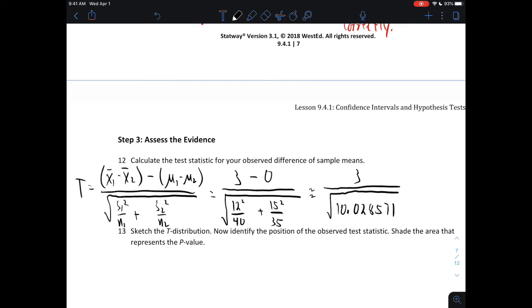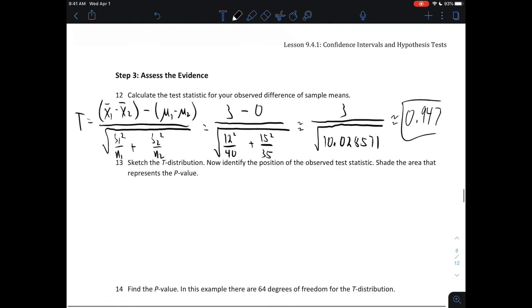And now I can just type 3 divided by the square root of 10.028571. And now I can round my final answer to 3 decimal places, 0.947. That is my t-test statistic.